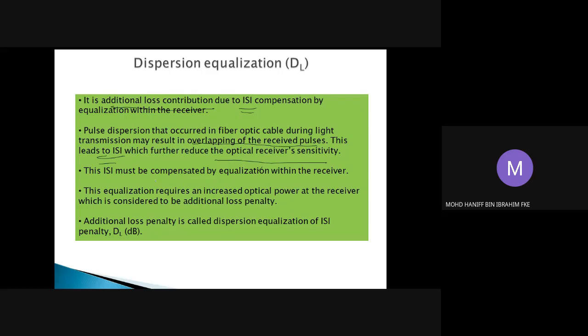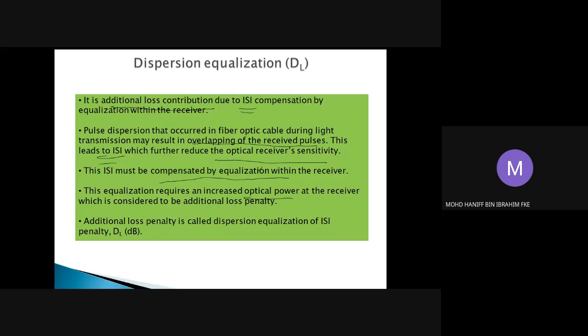So that is why we need to consider the effect of dispersion here by introducing what we call compensation, or I can say equalization, of this ISI effect by the method of equalization within the receiver. That is why we need to introduce this dispersion equalization in our system design, which will be an increase in the optical power required at the receiver.